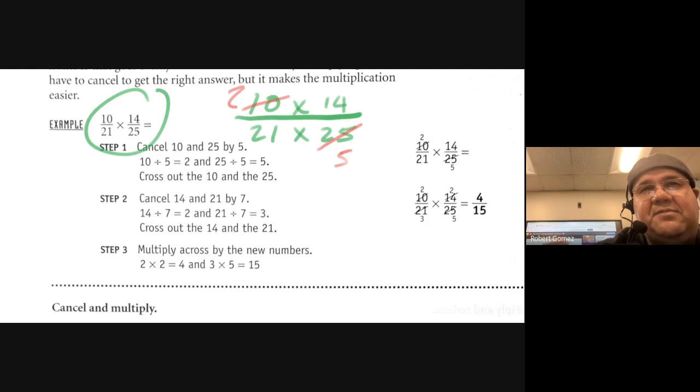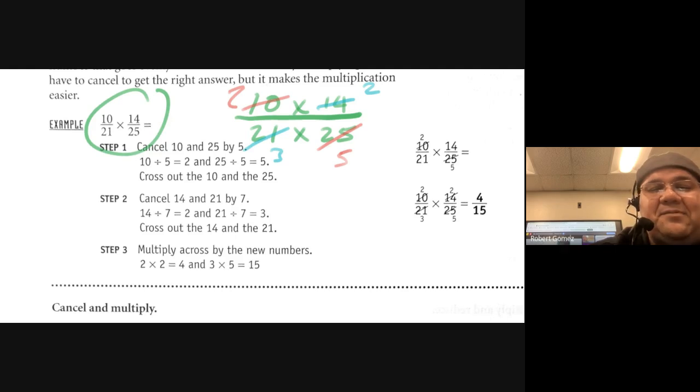Is there a number that you can use to divide 14 and 21? And that is 7, right? So 7 divides 14 twice, and 7 divides 21 three times.